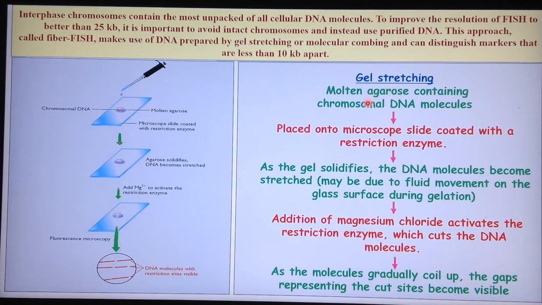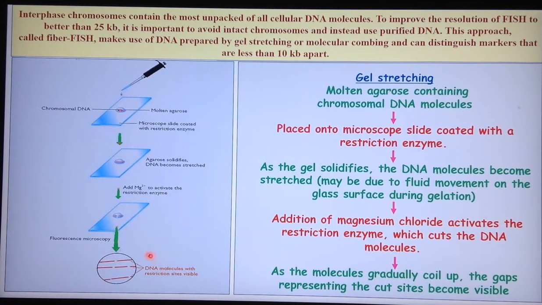So this method is gel stretching. Here agarose is used, on a microscopic slide which is coated with restriction enzymes, and agarose is poured. Then agarose solidifies and DNA becomes stretched, and then we add magnesium, and because of magnesium, the restriction enzyme digests the DNA, and the DNA molecules with restriction sites are visible.